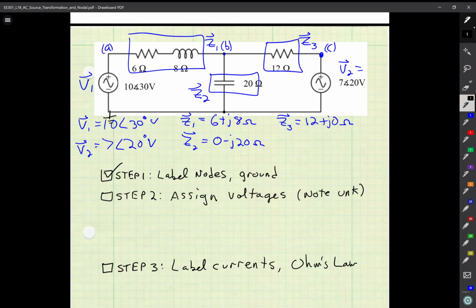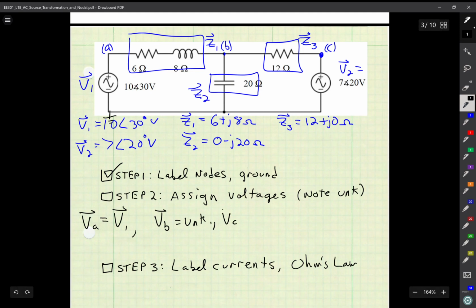Step two is to assign the voltages, and I want to note which ones are known and unknown. So I'm going to start off to the left here. I'll say that VA is equal to V1. I know what V1 is, so that's known. I have VB. Notice again that these are phasors, so I have an arrow on top indicating that it's a vector with magnitude and phase. VB is unknown at the start of the problem.